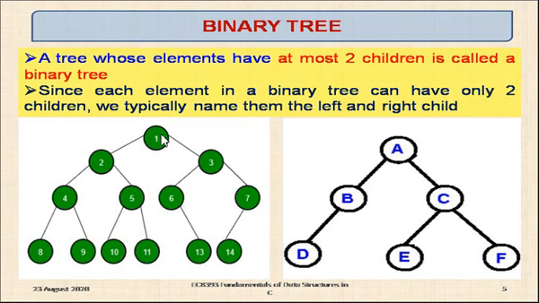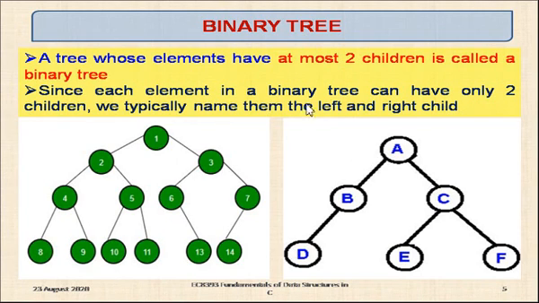Similarly here, 1 is having two children, 2 is the left child, 3 is the right child. Suppose if this is having three children, then that is not called a binary tree. Binary means two. At most two children is called a binary tree. But it may have less than two children. It may have only one child. Then also we will call it a binary tree. So at most two children is called a binary tree.